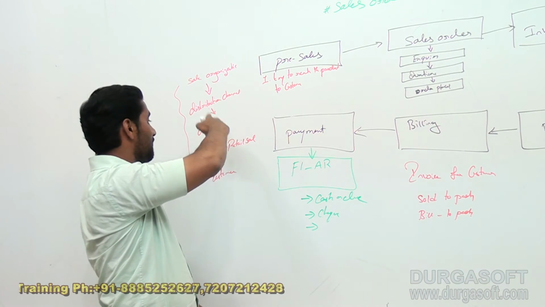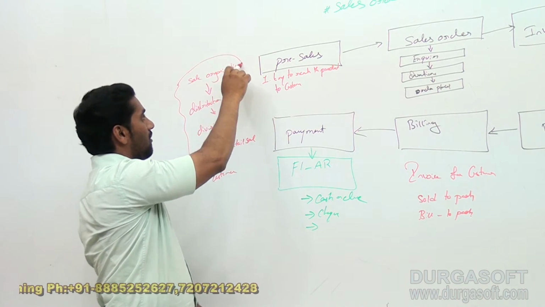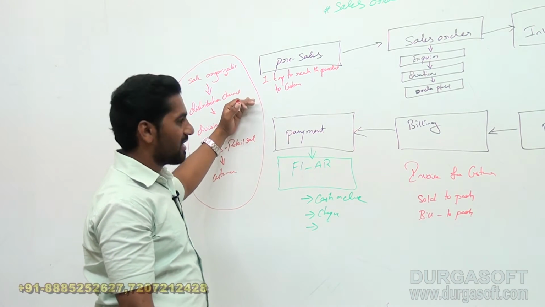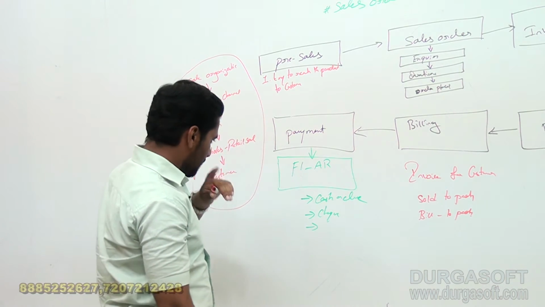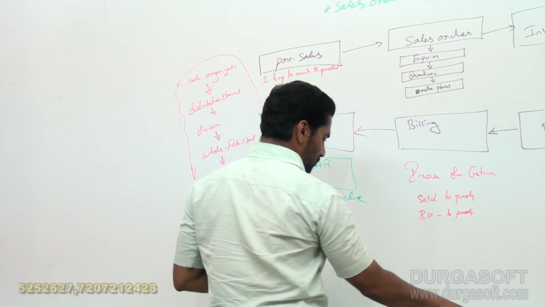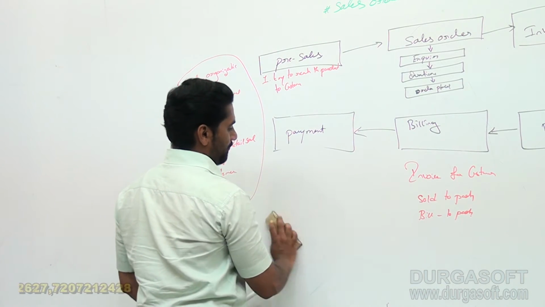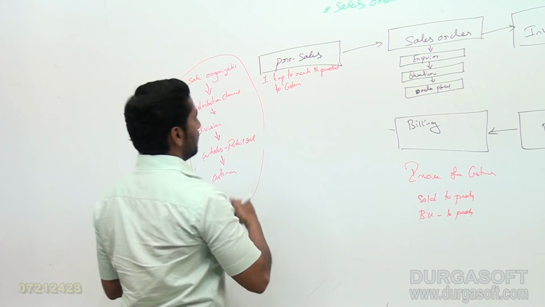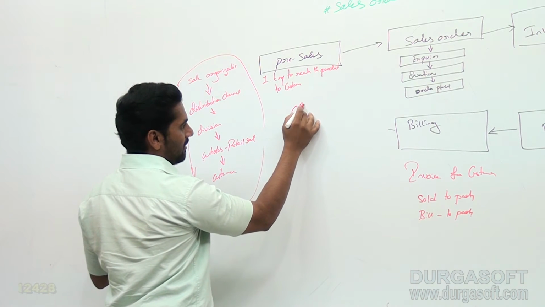Meanwhile, we have a lot of requirements here. The sales organization will be created in the system. Whenever you create a sales organization, it should have certain requirements. Suppose I have a client here.